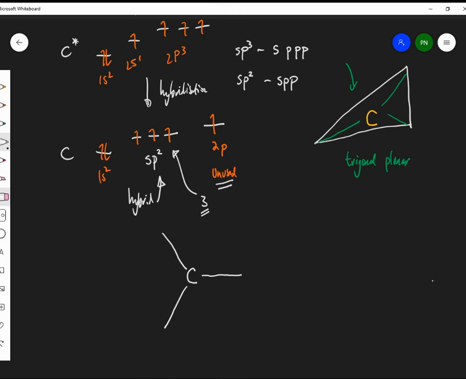If I were to draw a bond angle here, it would be a beautiful 120 degrees. Now the carbon there is sp2 hybridized, so that means it has three sp2 atomic orbitals coming out of it. So let's draw them. One, two, and three. All of these are sp2, and I'm going to put an electron in each of them. One, two, three. Are we good with that?